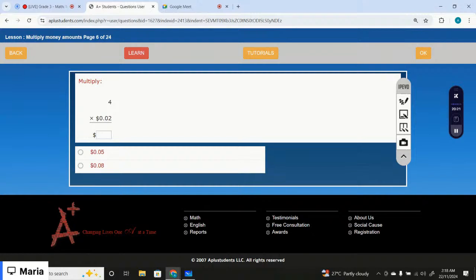4 times 0.02. So, which is the correct option? The correct option is 0.08.